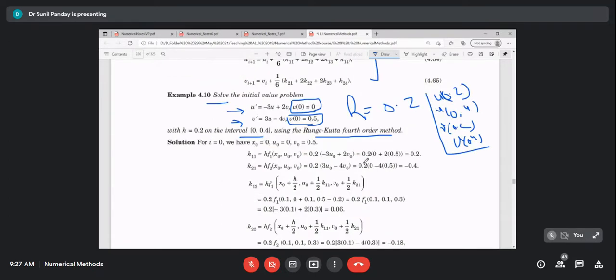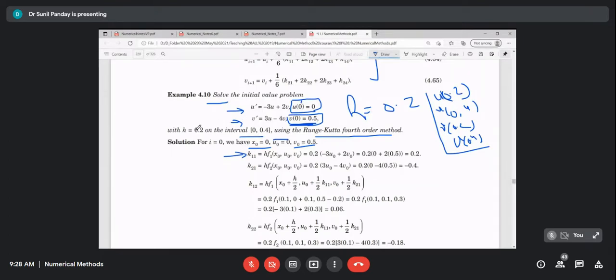So first we identify what is x naught. Obviously 0 is given, so this is x naught, and u naught is 0, and this is v naught. So we have x naught, u naught, v naught. Now we calculate k11. Here I told you that 1 corresponds to the first variable.